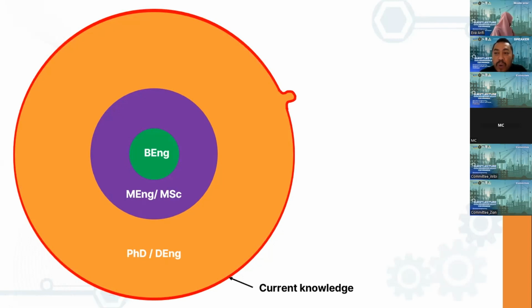That we call novelty. So be aware that as a PhD student, you need to push novelty beyond the current knowledge. But for master students and undergraduate students, you are still okay with this circle there. But if you can push another thing new, propose something new, that will be really good.